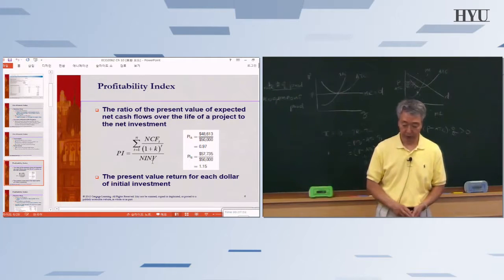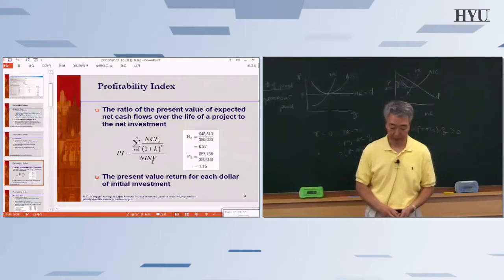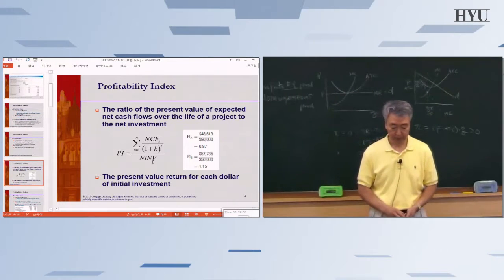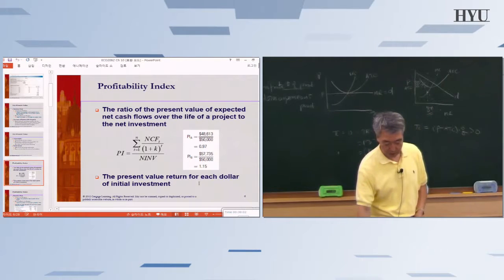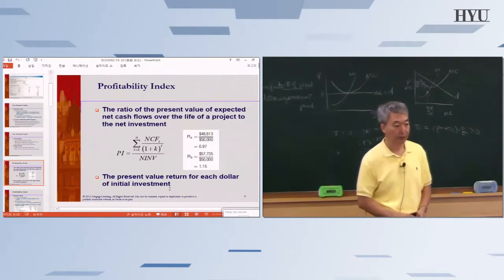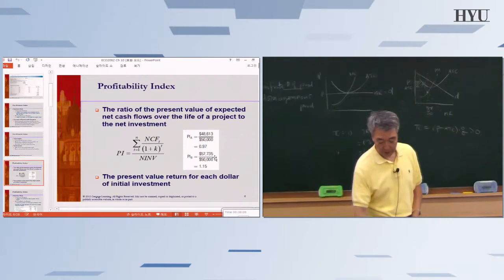The only difference here is some interpretation. Profitability index gives this interpretation: it's the present value return for each dollar of initial investment. So, for example, after the calculation, suppose you got 1.15 here.